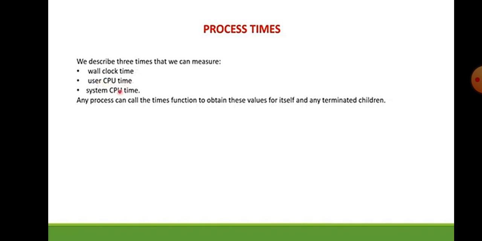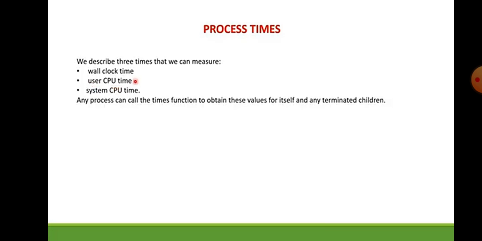And then we have user CPU time and system CPU time. So the difference is whether the time is spent in user space or kernel space. User CPU time is the time spent on the processor running the user's code. Okay, and the system CPU time is the time spent running code in the operating system kernel on behalf of the program.